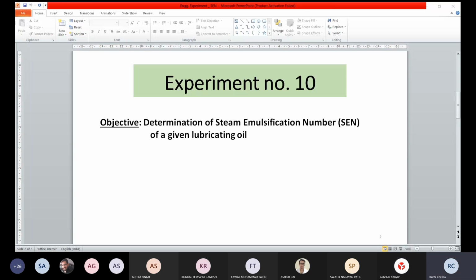Now, as far as the setup for the experiment is concerned, it is very simple. If you have understood the definition, what you need to do, first of all, is form an emulsion between the given oil and water. And once that emulsion is formed, you need to note down the time that will be taken by that emulsion to get separated into two distinct layers.